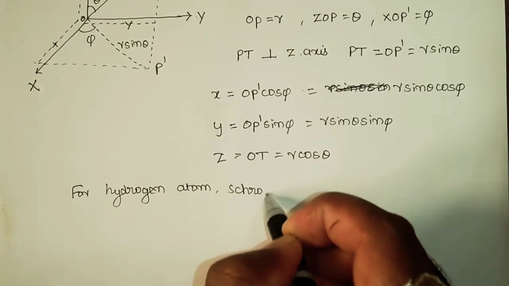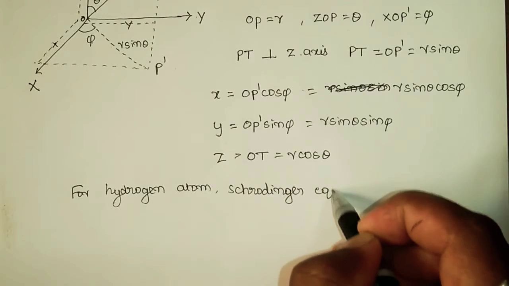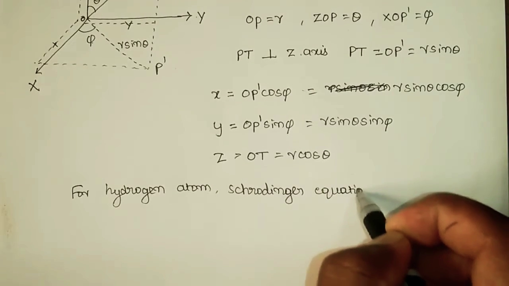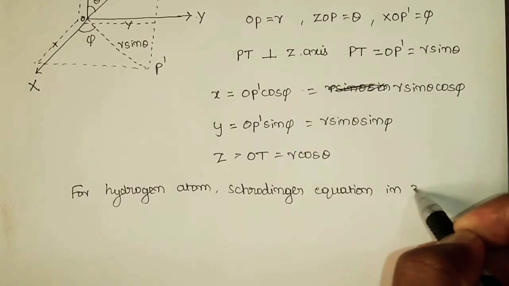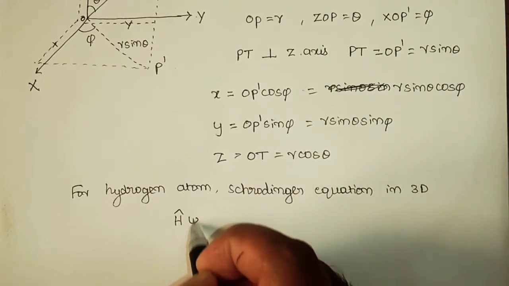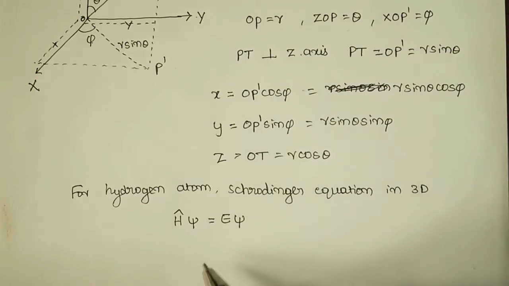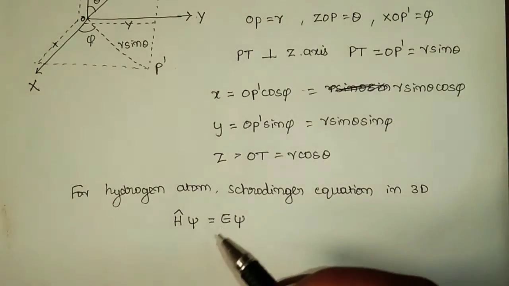the Schrodinger equation in 3 dimensions is given as H cap psi is equal to E psi. That we already derived in our last videos.